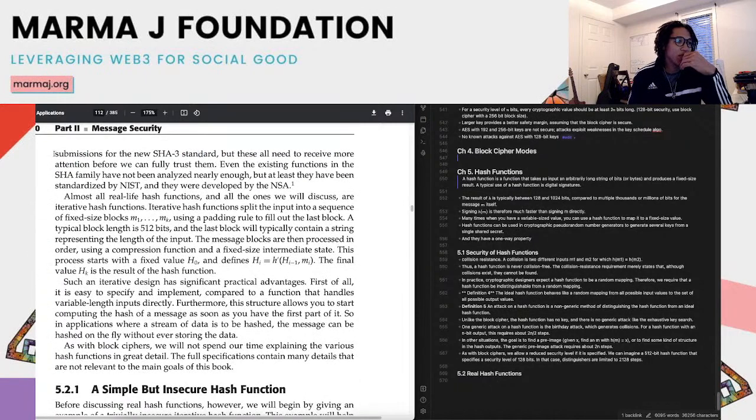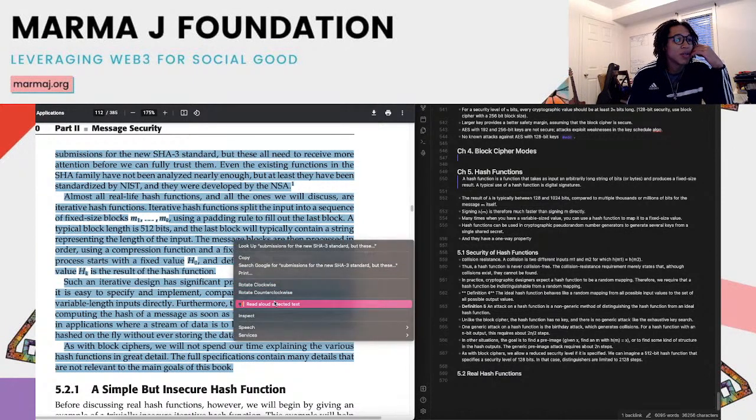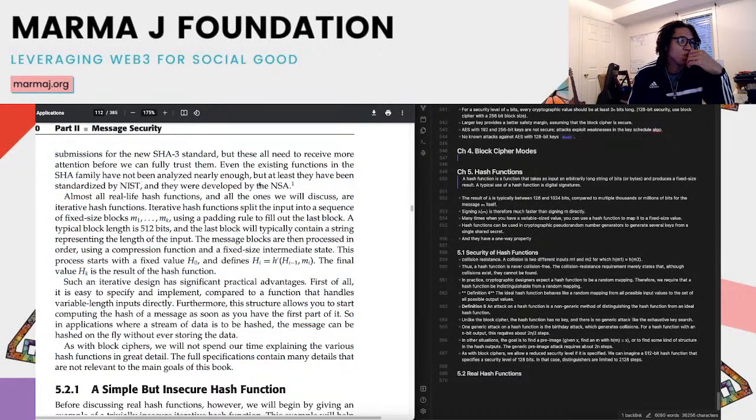I think I've seen SHA-3 used, or Keccak-256 or whatever. I think Keccak is newer, obviously, but we'll see. Submissions for the new SHA-3 standards all need to receive more attention before we can fully trust them. Even the existing functions in the SHA family have not been analyzed nearly enough, but at least they have been standardized by NIST, and they were developed by the NSA.